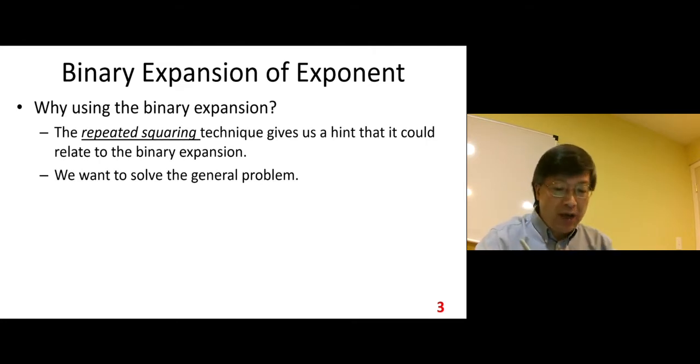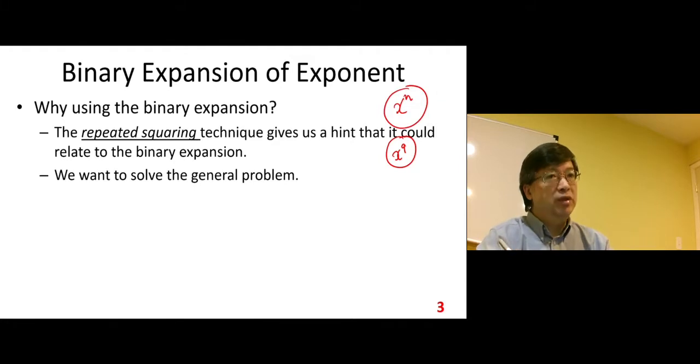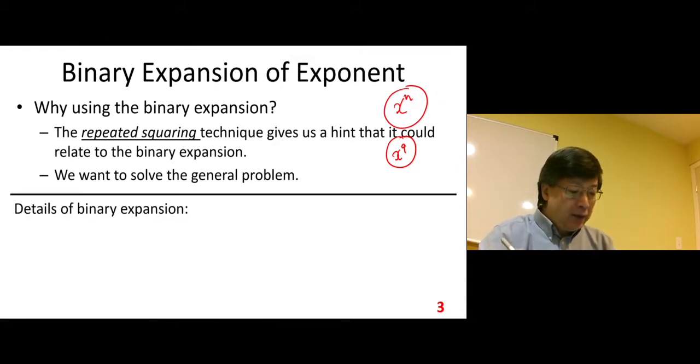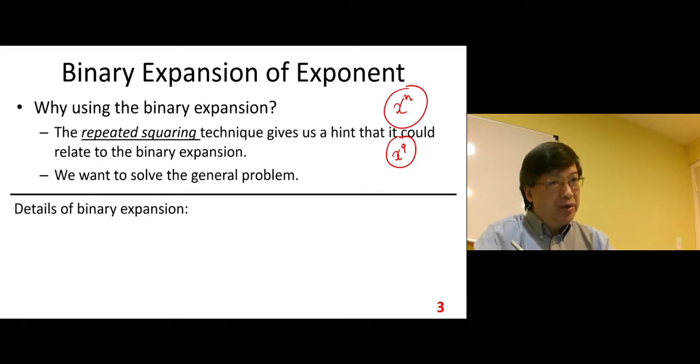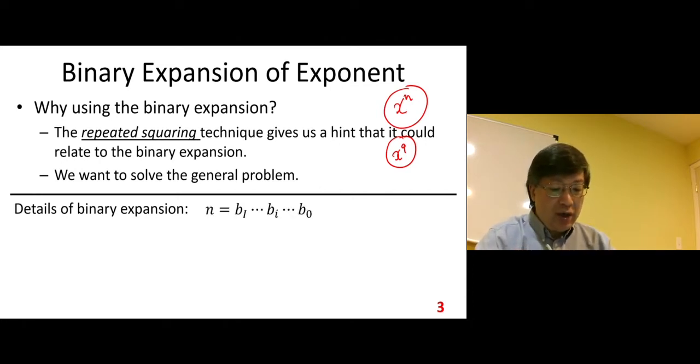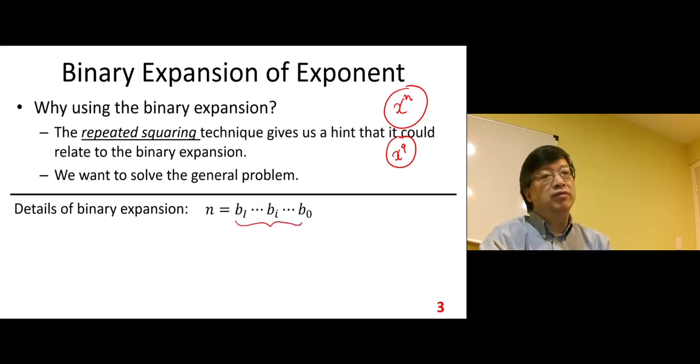And we want to solve the general problem, not a special one. So, x to the ninth, special. Now we need to solve x to the nth for any positive integer, general. So let's try to expand a given integer as a binary expression, using bits to represent the given integer n.